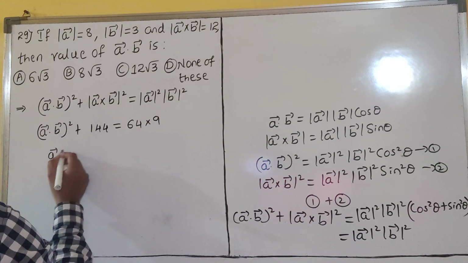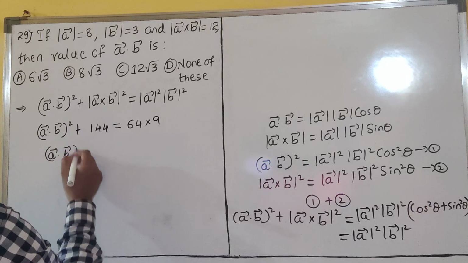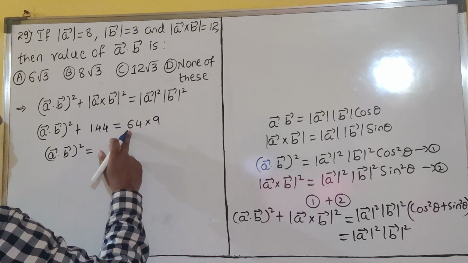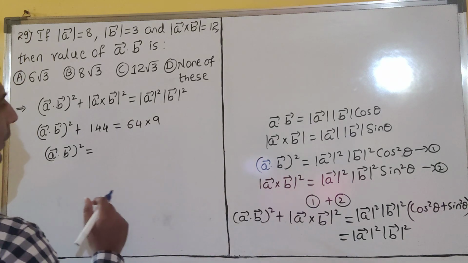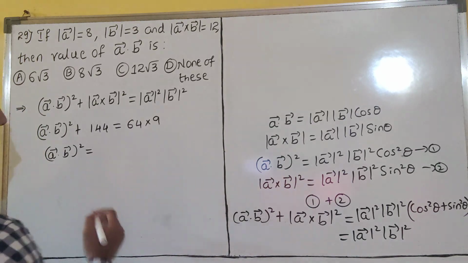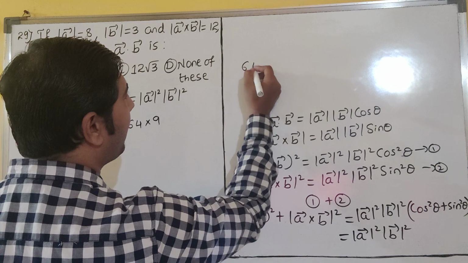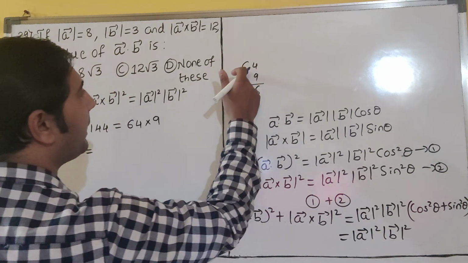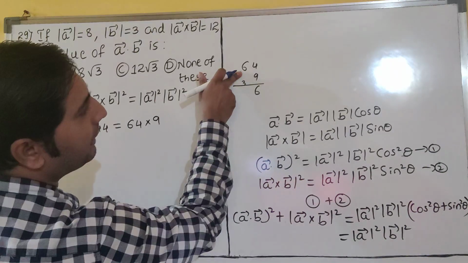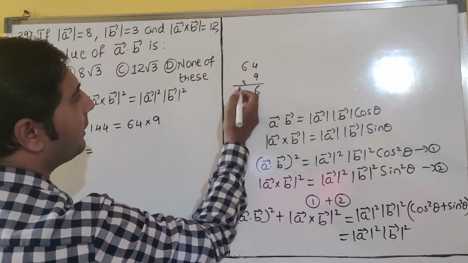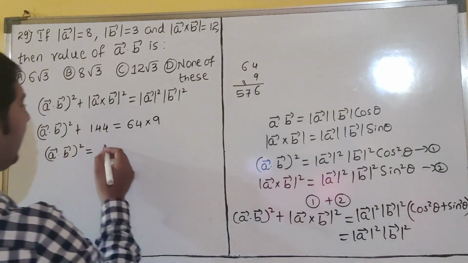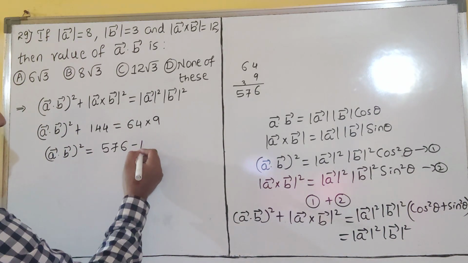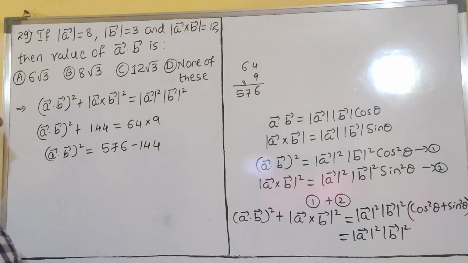So A dot B whole square is 64 into 9 plus 144. 64 into 9 is how much? You have to check. 9 4s are 36, 9 6s are 54, plus 3, that is 576, dear students. Taking 144 to this side, it becomes minus 144.